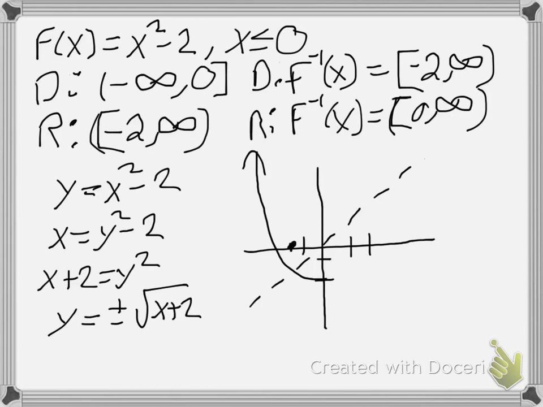So I've got a point at 2, 2. So it's going to go either this way, or if I chose the negative, it would go this way.